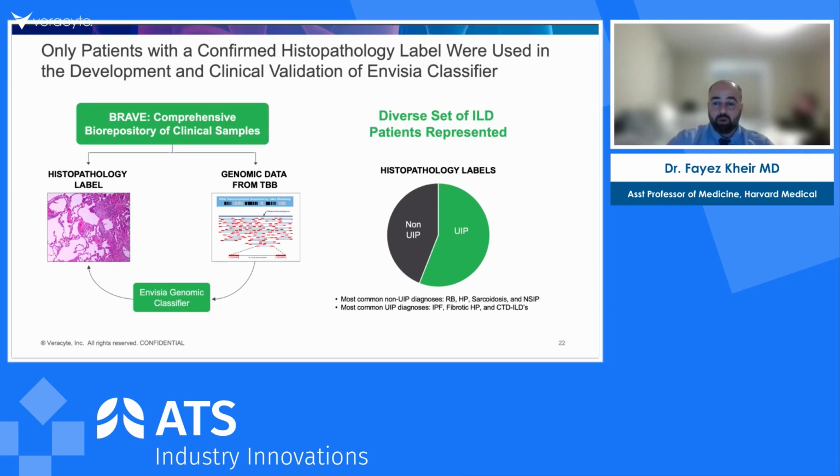And as you can see on the right side of the screen, a diverse set of ILD patients were represented. Up to 55% had a UIP pattern and 45% had a non-UIP pattern. The most common UIP diagnoses were IPF, fibrotic HP, and connective tissue disease, whereas the most common non-UIP diagnoses were NSIP, HP, sarcoidosis, and RB.